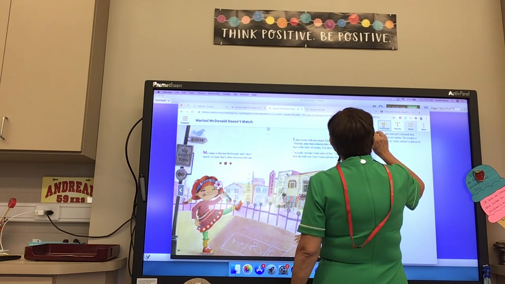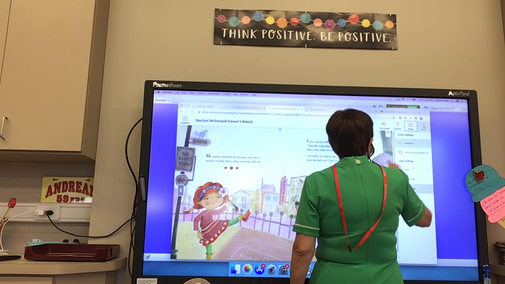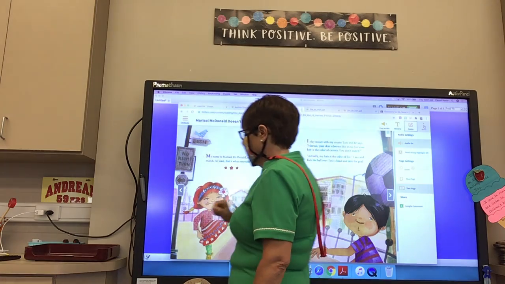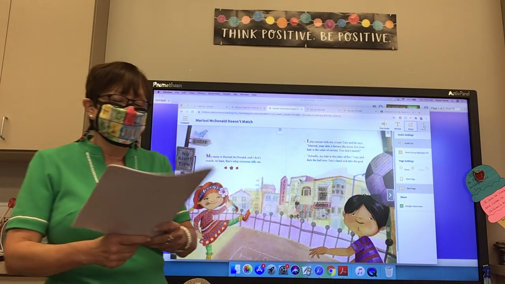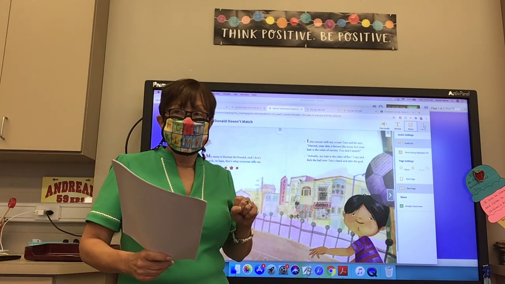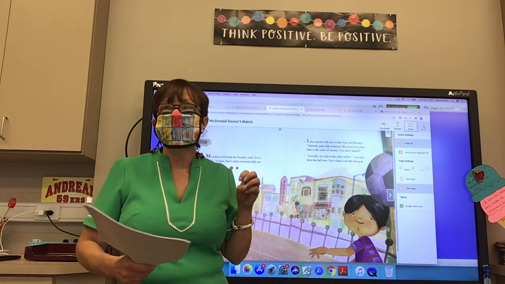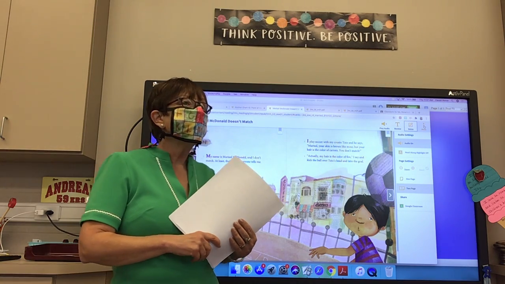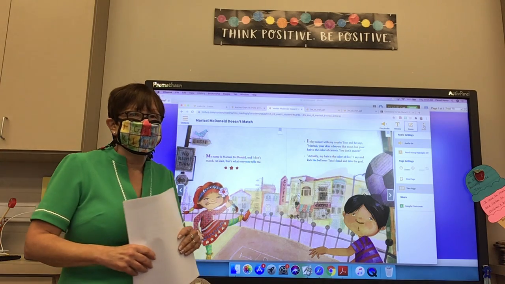Okay? That is very important, what I just played for you, because it is going to tell us something important. Which words that you just heard help us identify the narrator? What are the words that are going to help us identify the narrator?